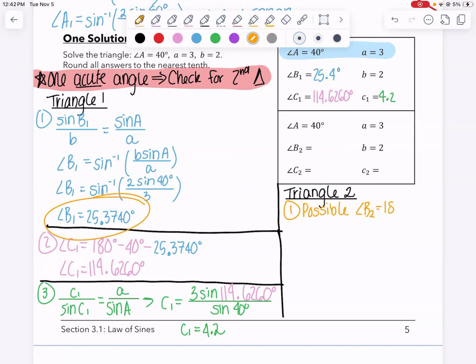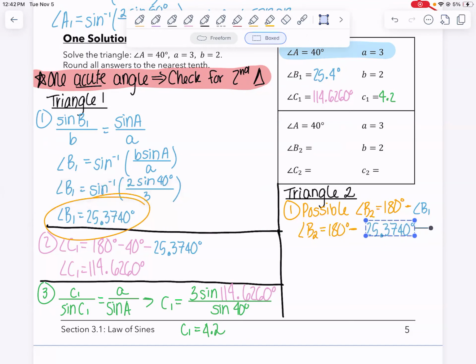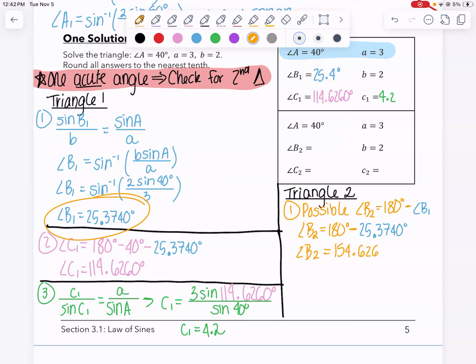Angle B2 is 180 degrees minus angle B1, so angle B2 would be equal to 154.626.